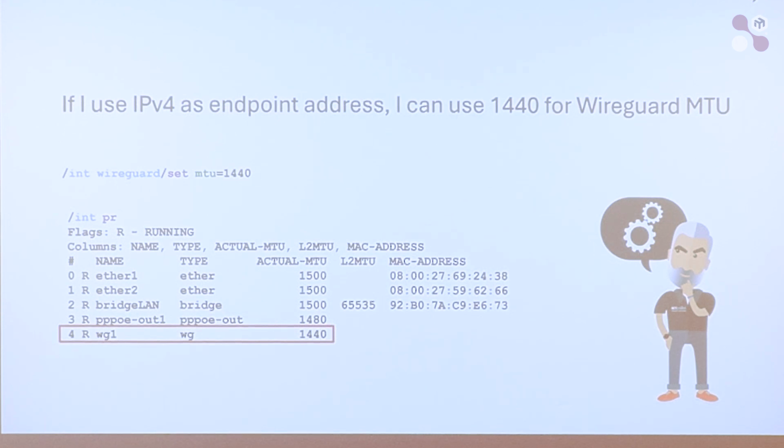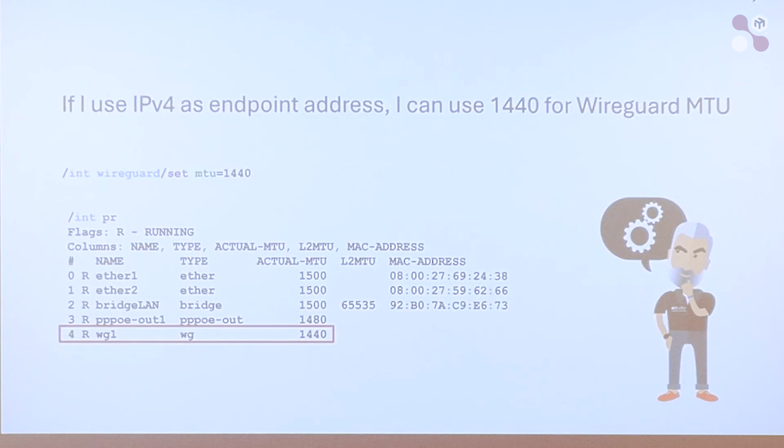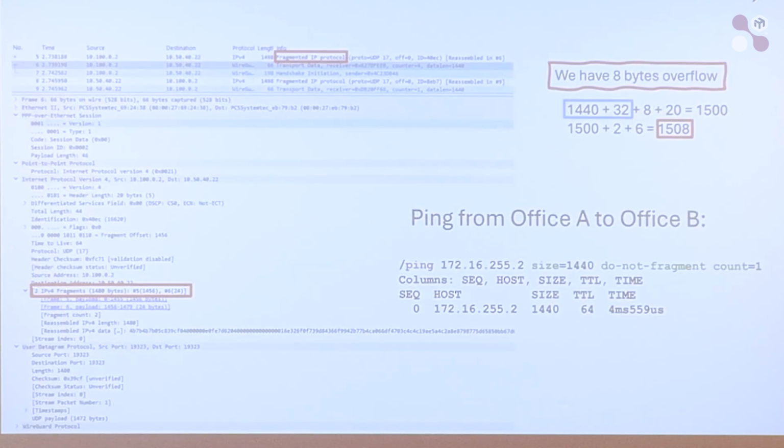Then even the fragmentation is worse, because we're thinking of 1492 bytes of packet, but really we are sending 1480 bytes over PPPoE. Okay, then the numbers are really worse than what we are calculating here.